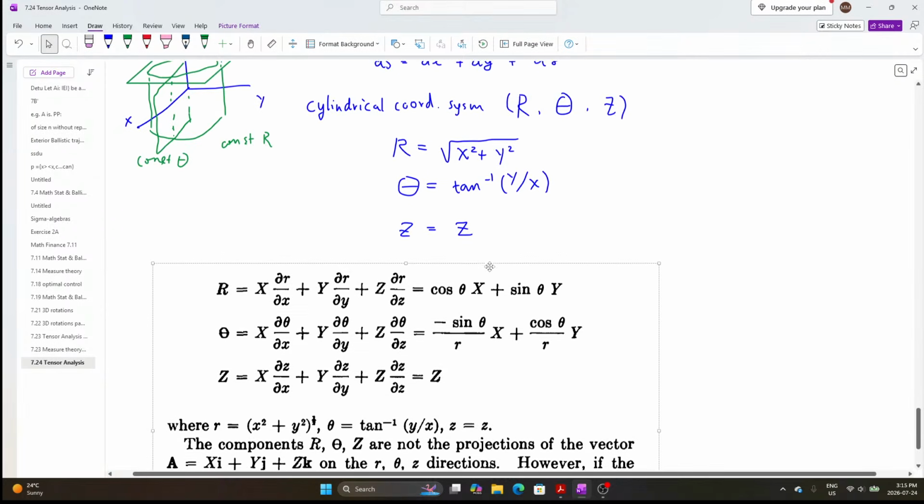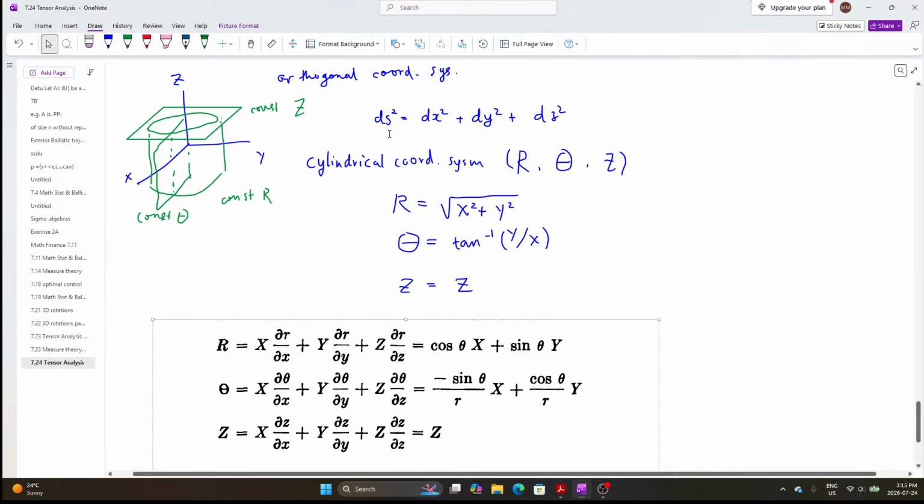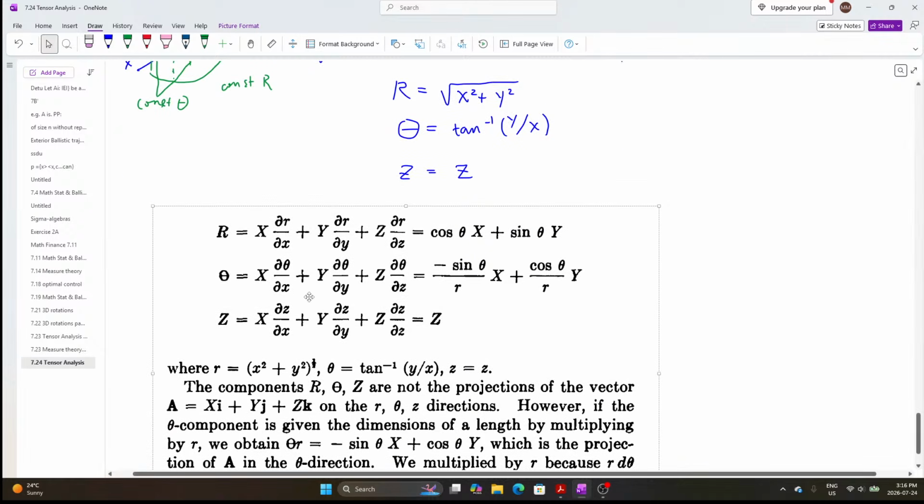Well, here it says little ds squared is little dx squared plus little dy squared plus little dz squared. So what are these? So r, dr, dx, dr, dy.